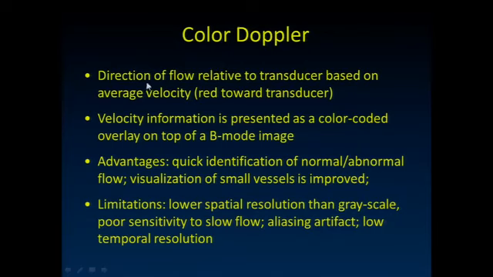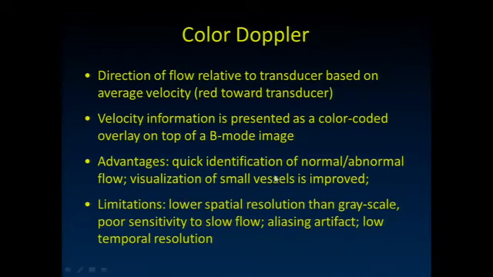In color Doppler, we're now going to show the direction of flow relative to the transducer based on average velocity. So red flowing towards the transducer, blue away from it. We look at some little subregion inside the grayscale image typically. It allows us to quickly identify normal or abnormal flow, whether it's towards the transducer or away from it.